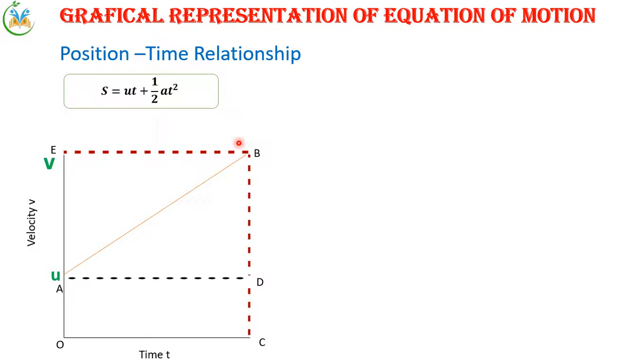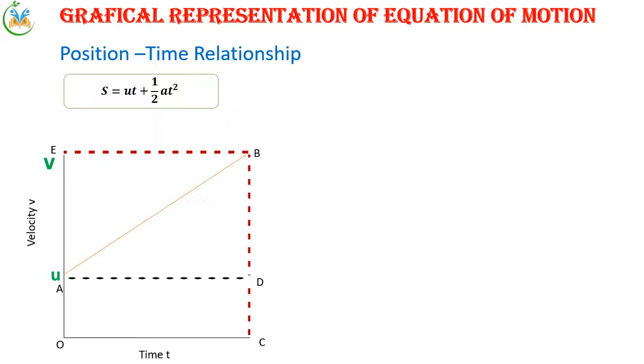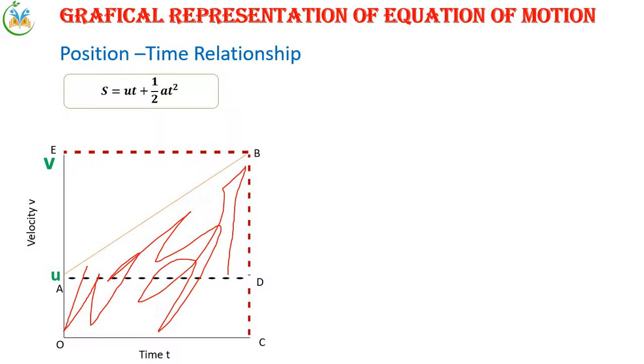As we know, this is the initial velocity and this is the final velocity, u and v. Under this graph, all this area, we have to calculate for the position-time relationship.